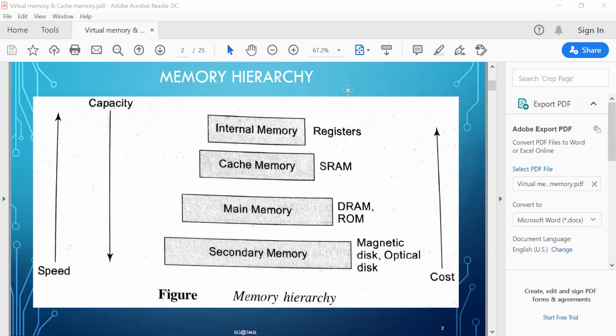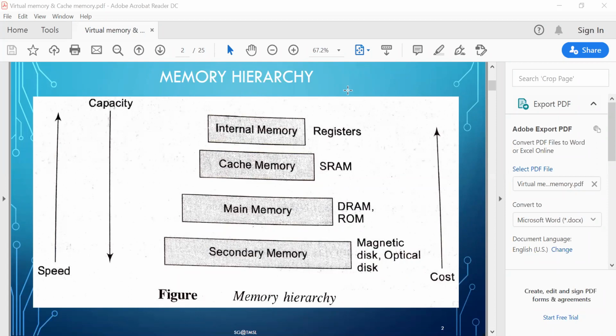Generally, the CPU is faster than the main memory, and thus the processing speed is limited mainly by the speed of main memory.